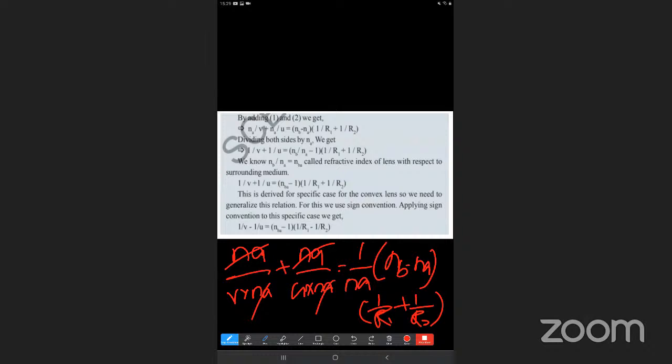From this we can write 1 by V plus 1 by U equals NB by NA minus NA by NA into 1 by R1 plus 1 by R2. Here NA gets cancelled again.